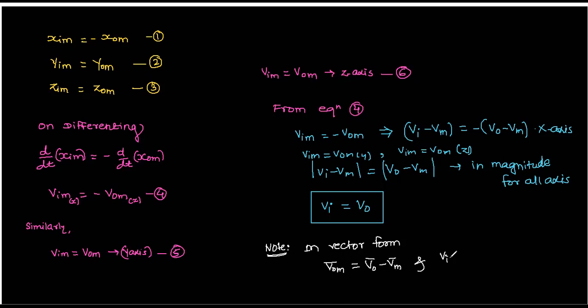And if I want VIM bar, then it is equal to VI bar minus VM bar. So this we have already learned in relative velocity in the first year syllabus. Okay, so note down.